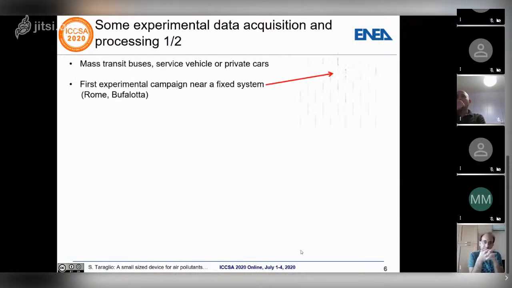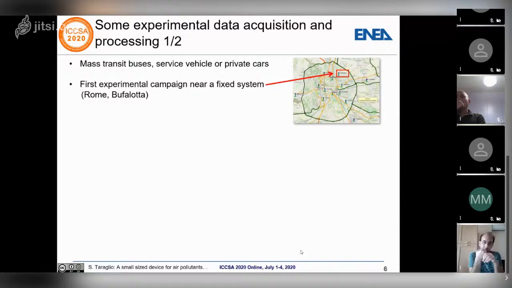We have carried out some experimental campaigns in Rome, in the northeastern part of Rome, where a fixed system station is located, which continues to acquire data about pollutants.